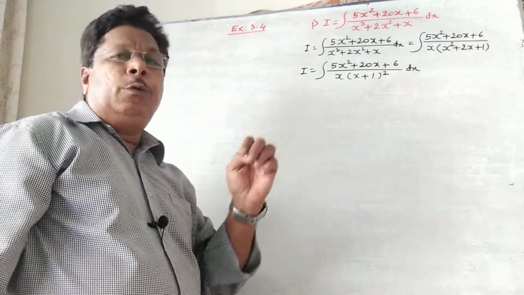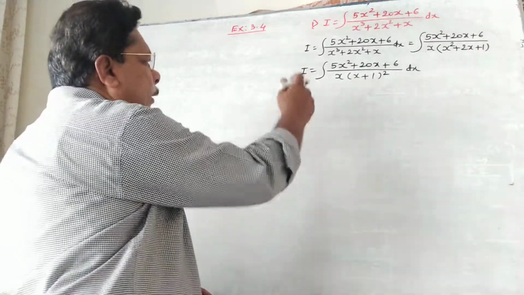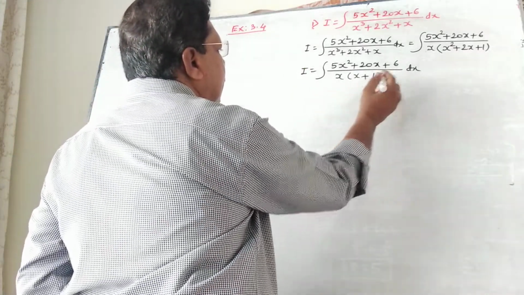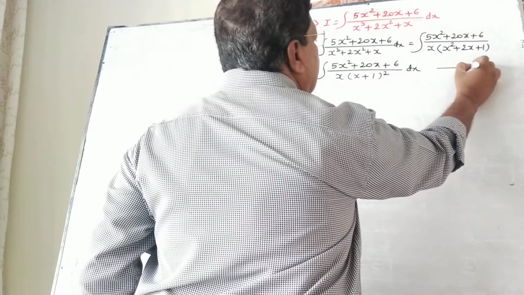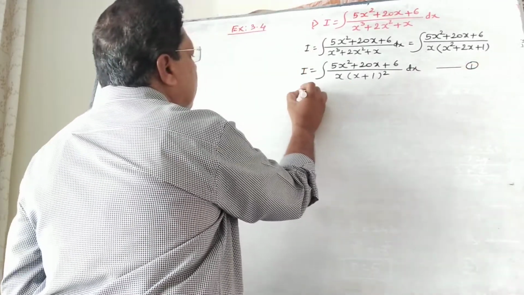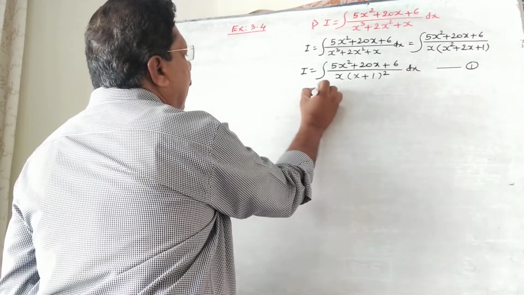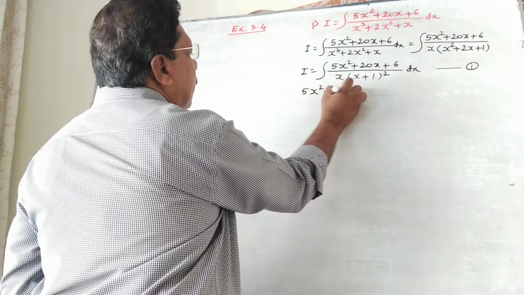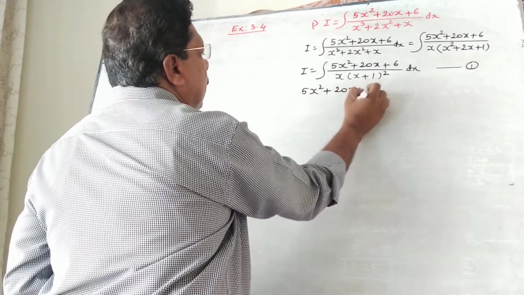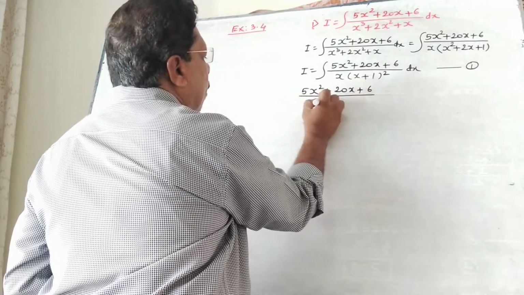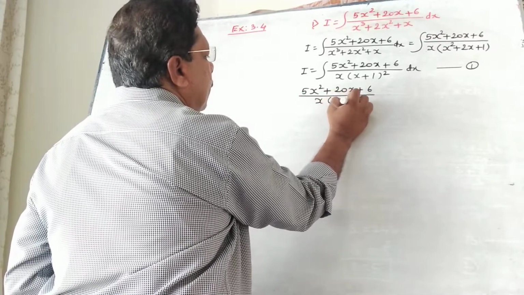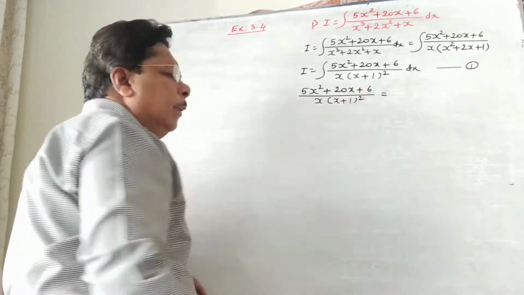And now here we have to use the partial fraction method. Take this term, say this equation 1: 5x square plus 20x plus 6 upon x into x plus 1 the whole square.